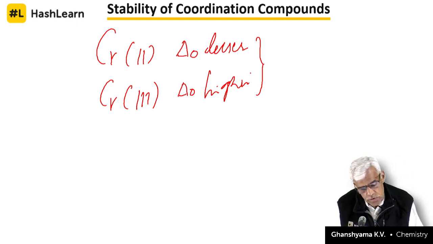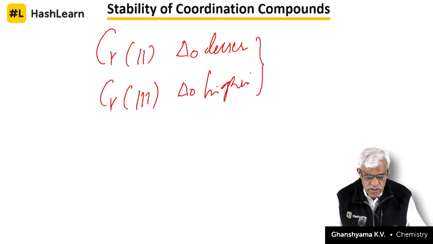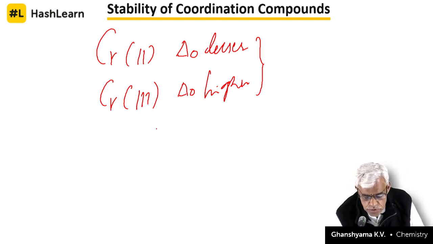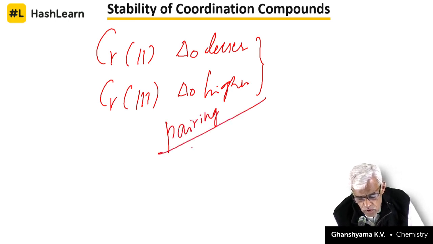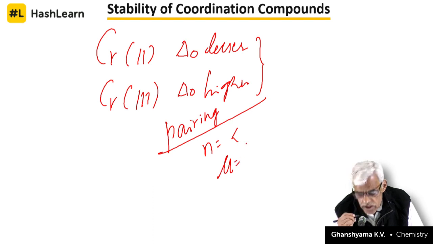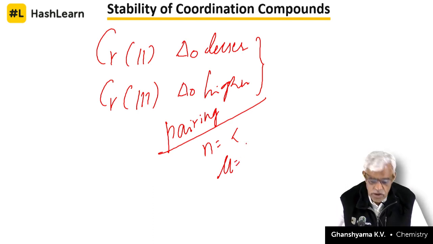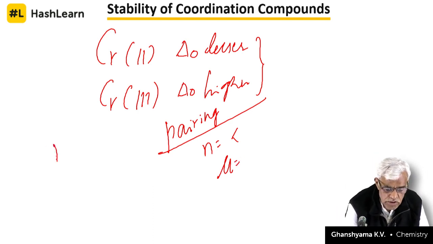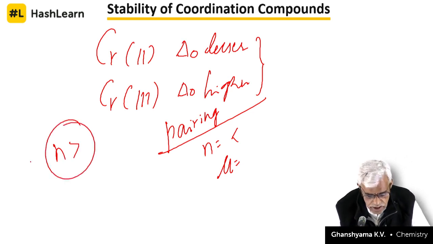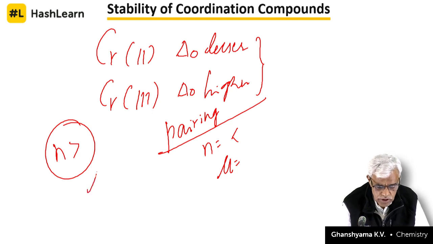So this is about the crystal field theory. The crystal field theory explains why pairing will take place in some of them, where the number of unpaired electrons, n, decreases and mu decreases, and why pairing will not take place, why it forms, n unpaired electrons increase and mu will increase.